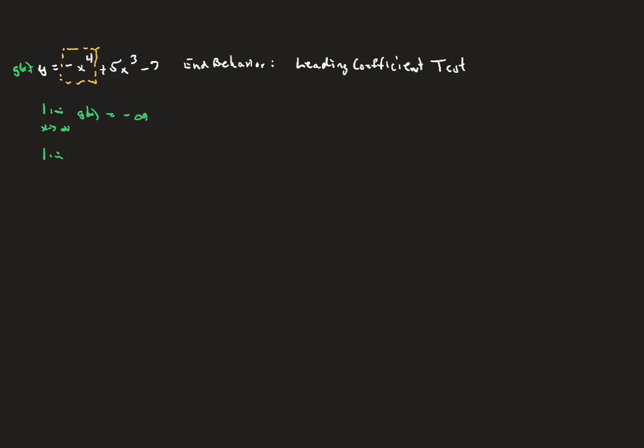The limit as x goes to negative infinity of g of x, when you put in a large negative, to the fourth power is still going to be a positive, times that negative coefficient is going to be negative again. So whatever else this curve may do, we don't really know yet.